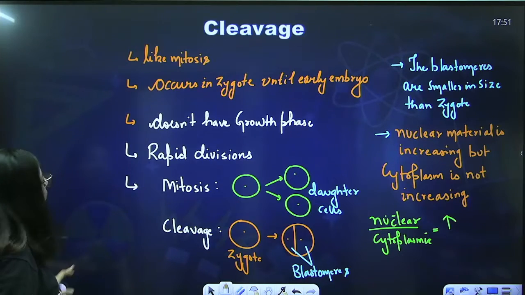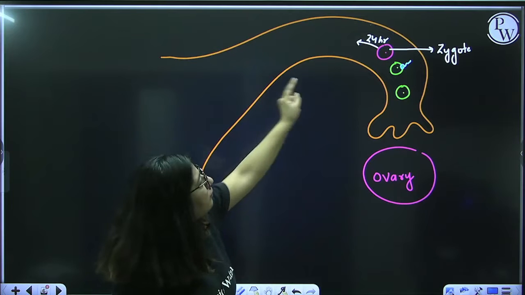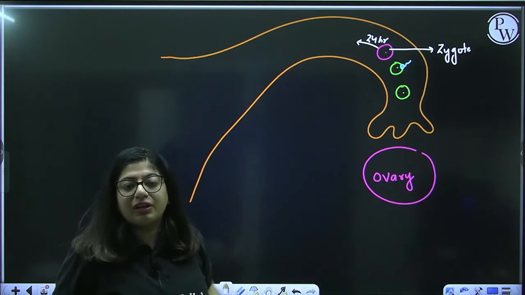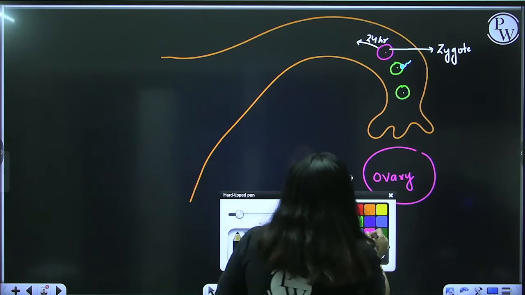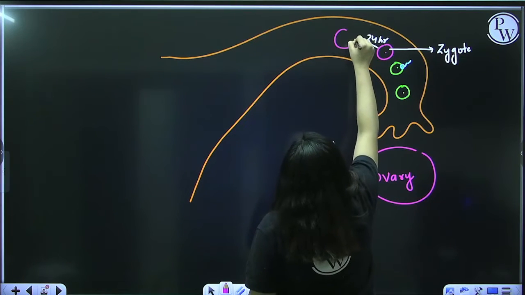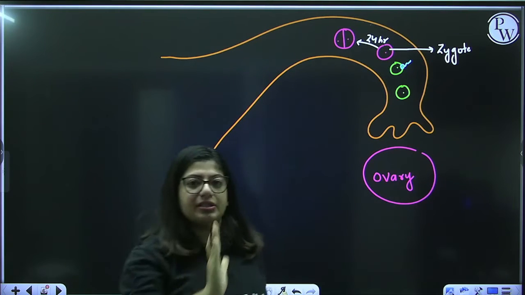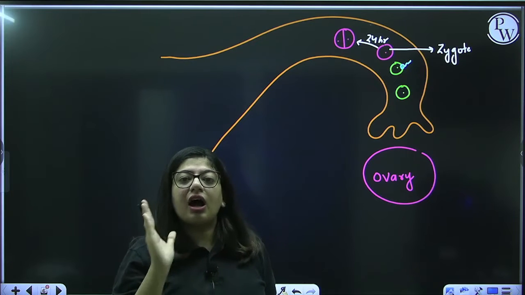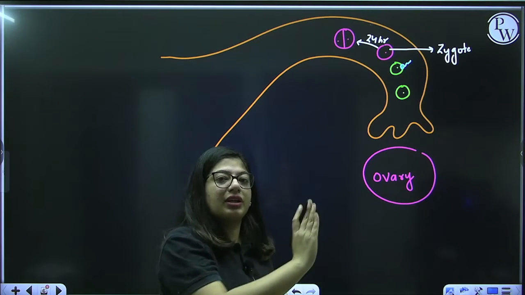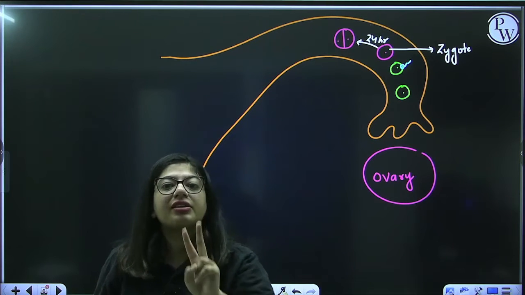Now, after 24 hours of fertilization, the first cleavage will start, and the first cleavage is meridional. Meridional means straight, vertical, right? The first division will cleave the cell like this, and a two cell stage will be formed.